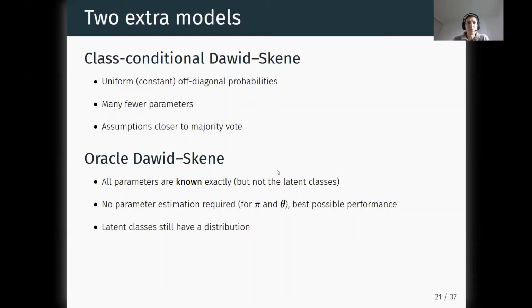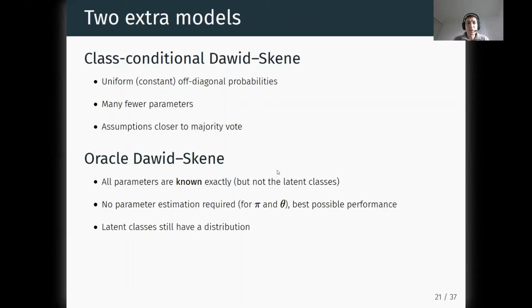And there's another reference point. We're going to use what we call the oracle Dawid-Skene model. This is just the Dawid-Skene model, but where we set the parameters to their known values. So that means we're not estimating them. So we don't have to pay any penalty for estimating the parameters. So there will be no uncertainty due to estimation.